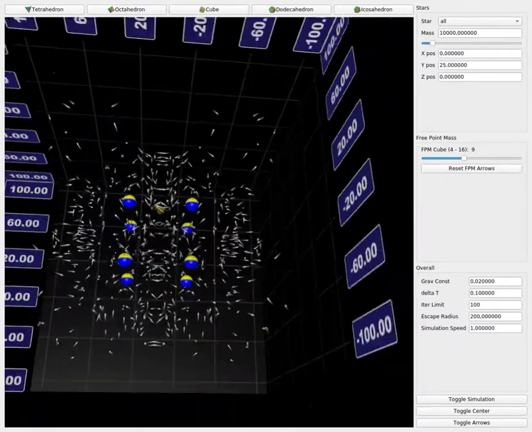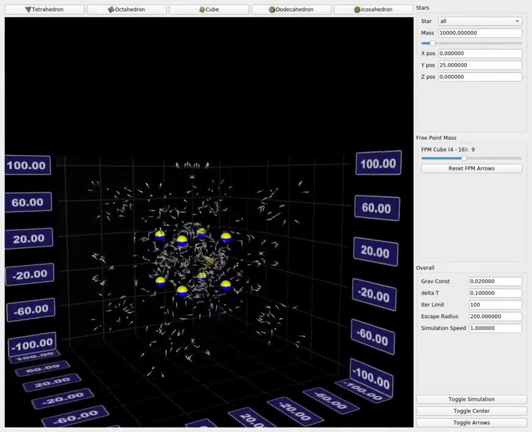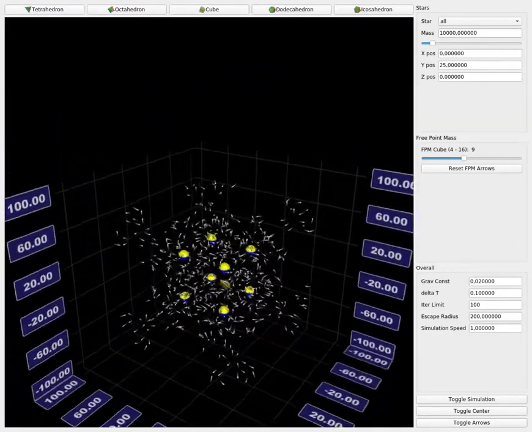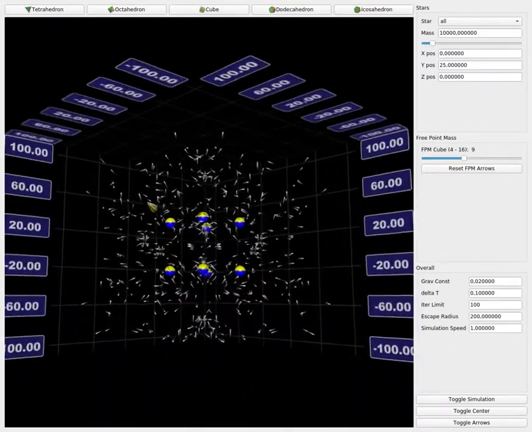Subtle arrangement of the arrows that reflect the geometric arrangement of the stars, which is not to be unexpected.